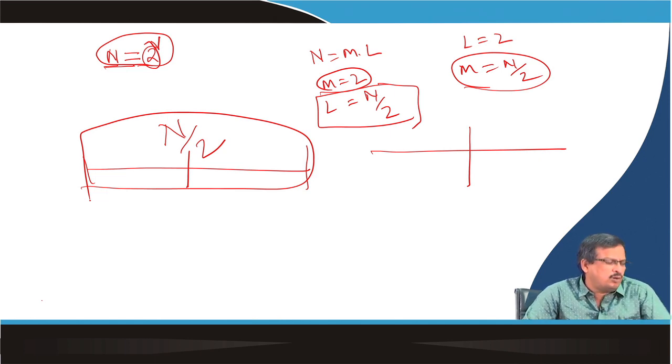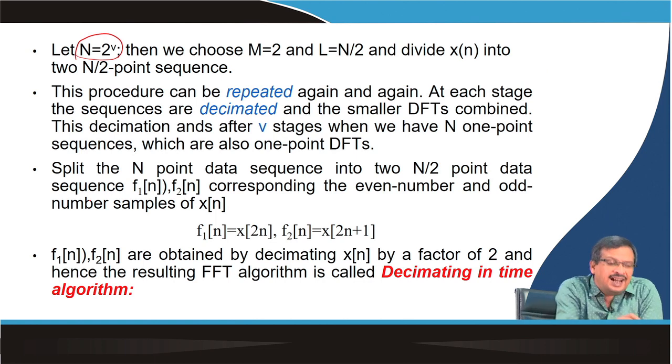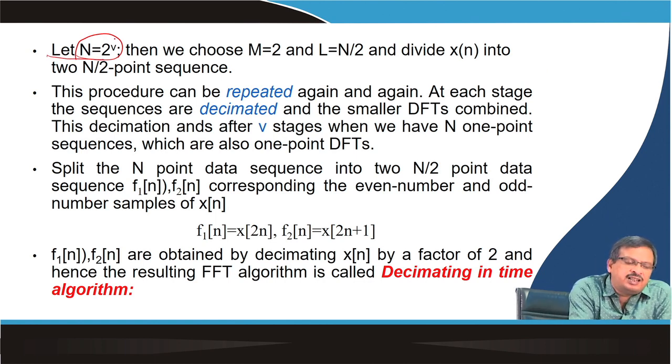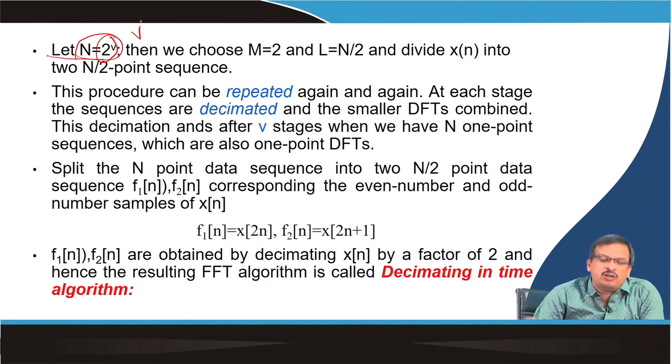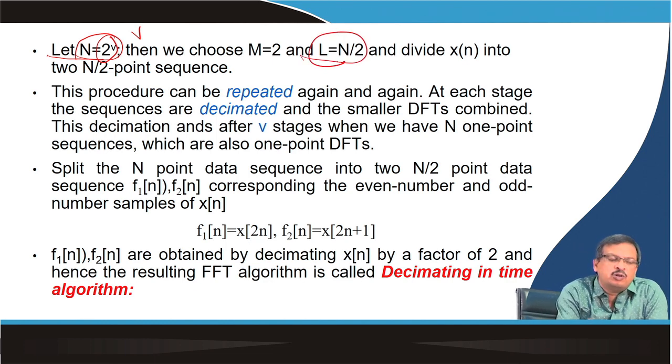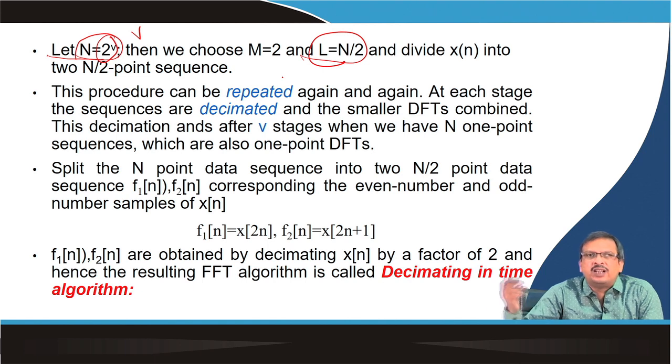So, in the Radix-2 algorithm, let n be represented as 2 to the power v, where v is an integer, m equal to 2, then L equal to n by 2. In the divide and conquer method, m is the number of columns and L is the number of rows.